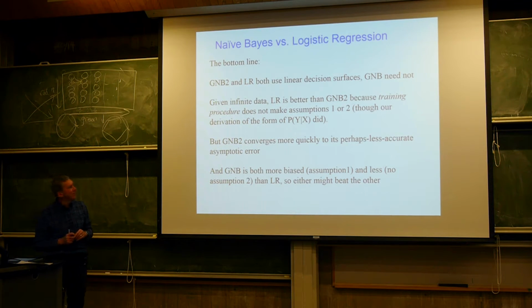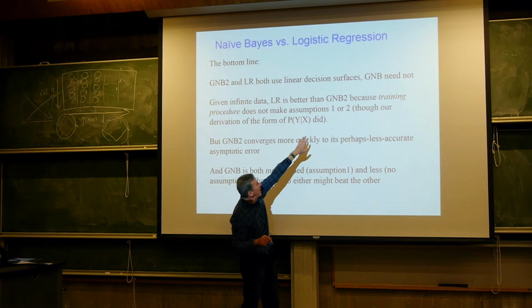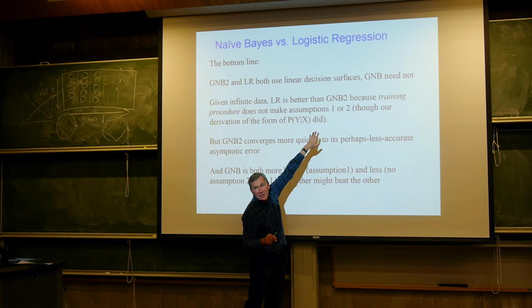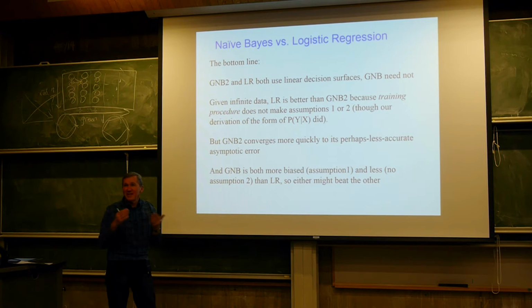Okay, so here's the bottom line. GNB2 and logistic regression both use linear surfaces, but Gaussian naive Bayes need not. If we have infinite data, we generally like logistic regression better than the linear decision surface version of Gaussian naive Bayes because it doesn't have to follow the conditional independence assumption during training.